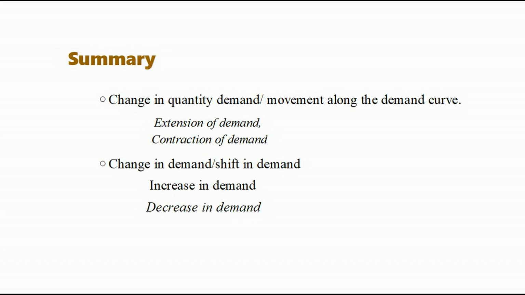On the other hand, when there is a leftward shift in the entire demand curve, that refers to decrease in demand. In these two cases, the price of the commodity remains constant. The result is mainly caused by factors other than price. That's all we tried to see in today's short lesson.